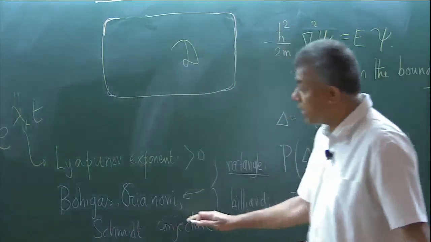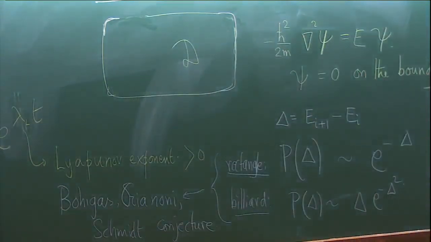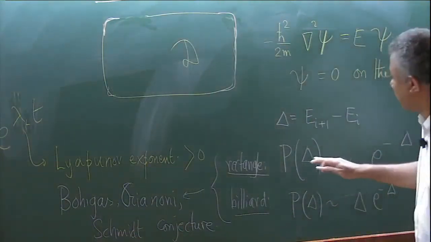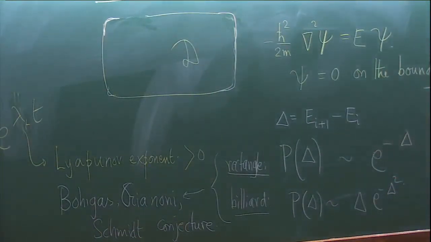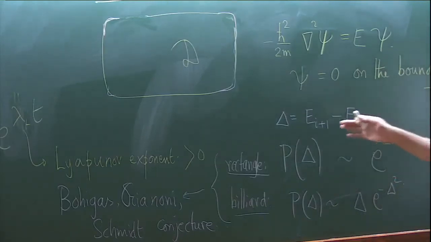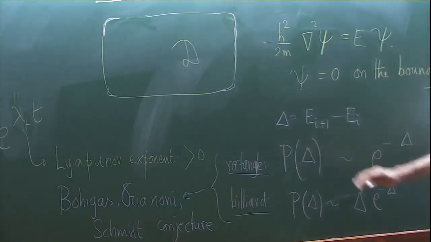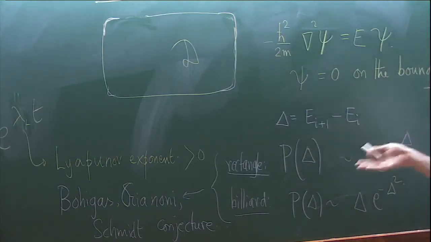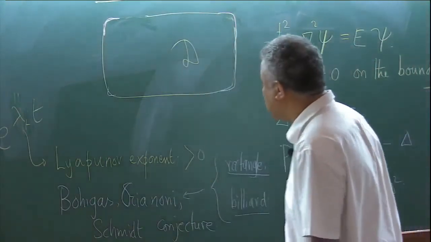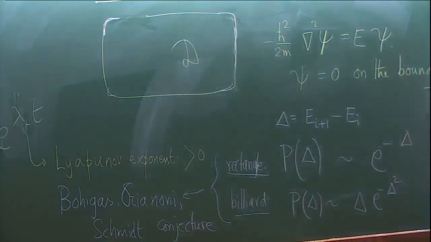What this conjecture says is that if your system is classically regular, then quantum mechanically you will find the spectrum to have an exponential distribution. This is also sometimes called the Berry-Keating conjecture, the first one. Whereas the BGS conjecture says that if your system is classically chaotic, like in a billiard, then quantum mechanically you always get the random Gaussian matrix spectrum.